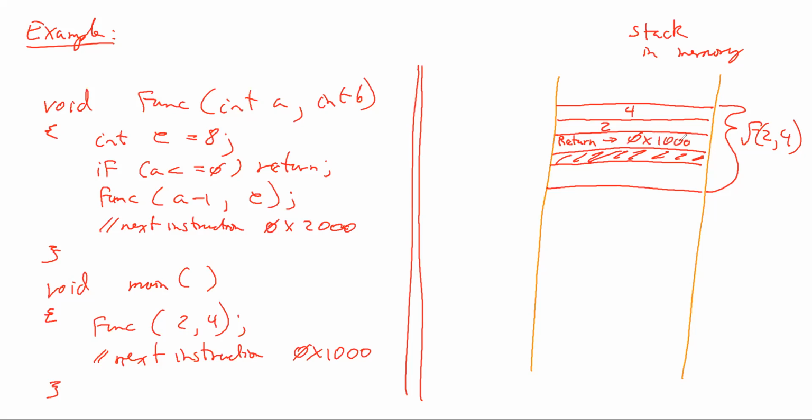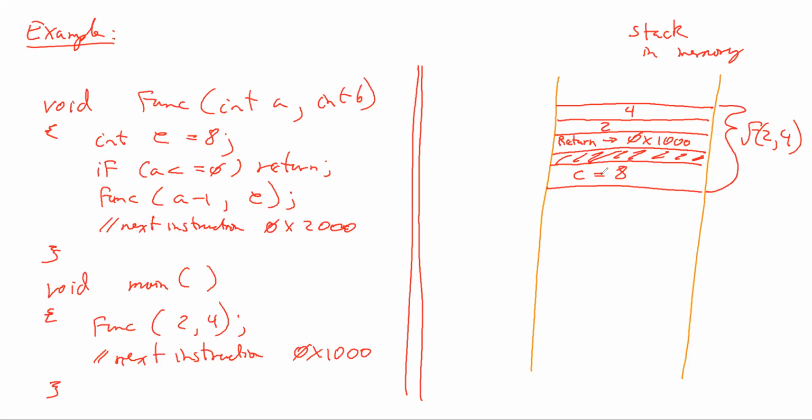And then over here, do we have any local variables? C equals 8. Very good. See that? That's your local variable. So in the stack, we did this.